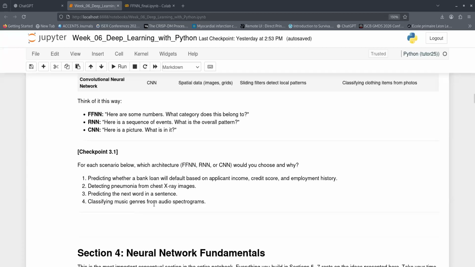Now, classifying music genres from audio spectrograms. Which architecture would you choose and why? Music genres from audio spectrograms, which one will be that one?